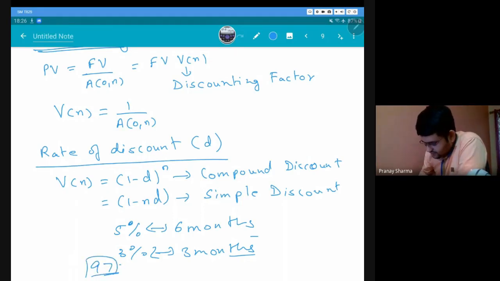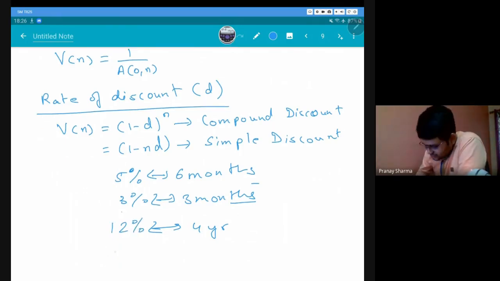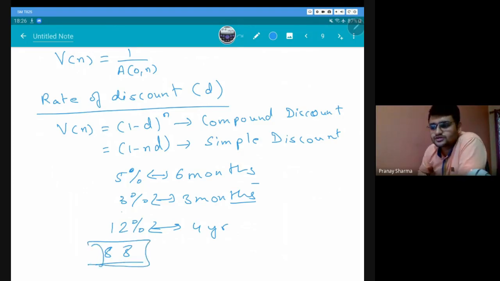It's so much easier. If I say we have a 4-year bond and the discounting is 12%, we know that I should invest 88 rupees today to get 100 rupees in 4 years. So it becomes so much easier for us to calculate, and you can just multiply. If you want 500 rupees, you can just multiply this by 5 and you will get how much you will be investing.